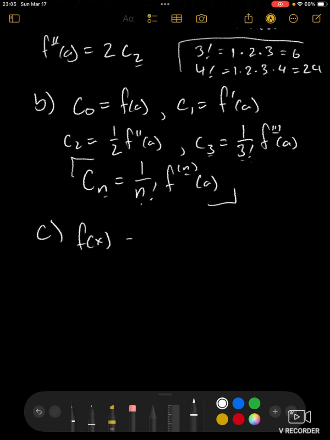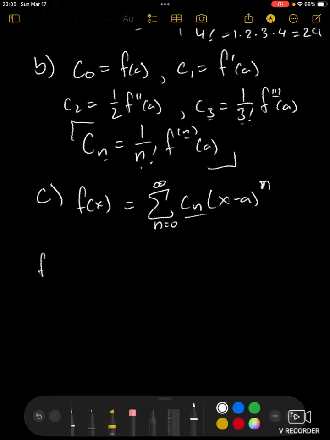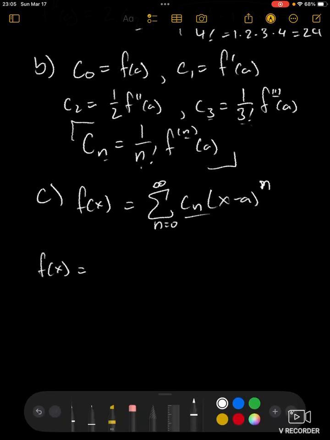So we know what our f of x was. That was the sum from n equals 0 to infinity of cn times x minus a to the power of n. So we have cn, and we just plug it in right here. That is going to be equal to the sum from n equals 0 to infinity of 1 over n factorial times f to the power of n of a times x minus a to the power of n.